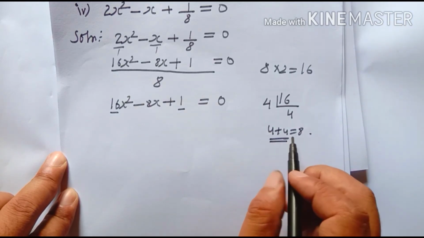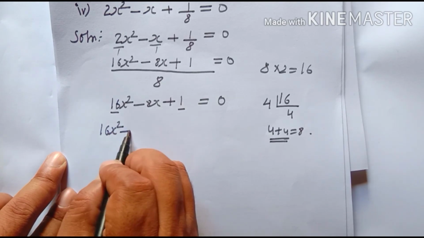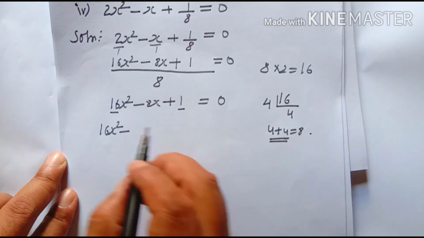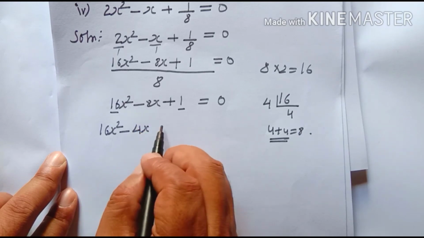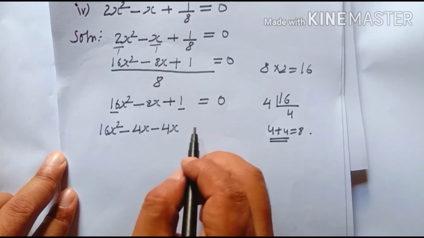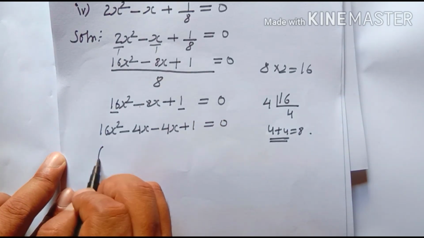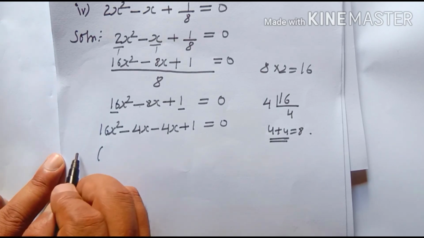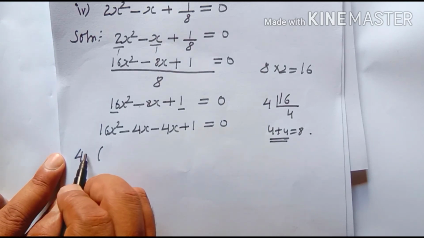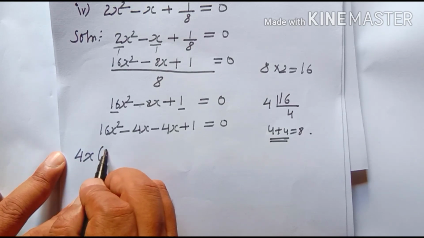That means I've got the factors. Now 16x squared, the same sign you'll have to take. Take the factor now, 4x, the second also 4x. Minus plus minus, after that bring down plus 1 equals 0. After that 16 and 4 are both divisible by 4. After that x common, so 4 into how many times? 16, that is 4.